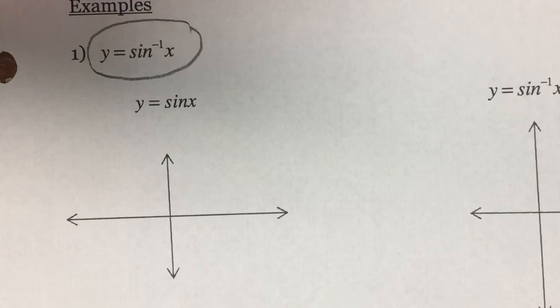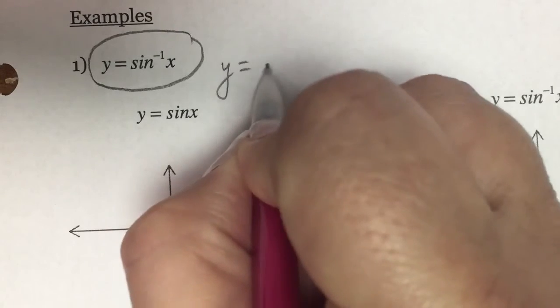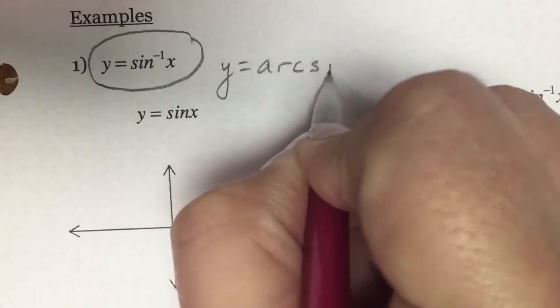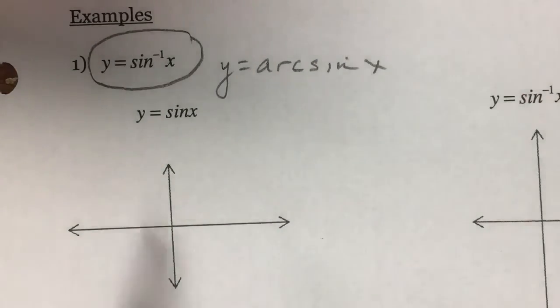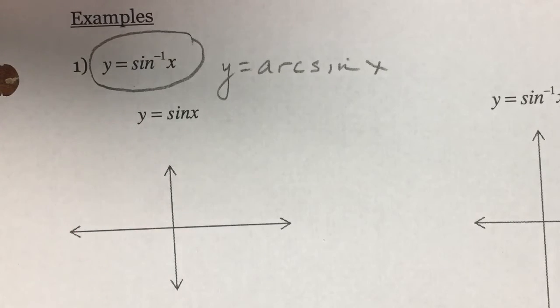Now, let me also say that another way of writing this is y equals arcsine x. I'm telling you that because sometimes I say arcsine. When I say arcsine or arccosine or arctangent, it means the same thing as inverse sine, inverse cosine, inverse tangent.